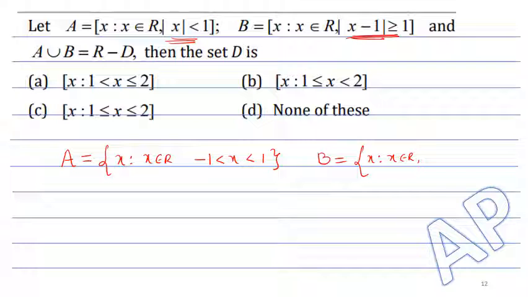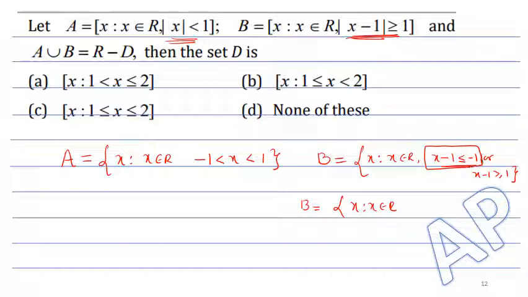Modulus of x minus 1 is greater than or equal to 1 means x minus 1 is less than or equal to -1 or x minus 1 is greater than or equal to 1. So B can be written as set of all x such that x belongs to R and x minus 1 less than or equal to -1 means x is less than or equal to 0, and x minus 1 greater than or equal to 1 means x is greater than or equal to 2.